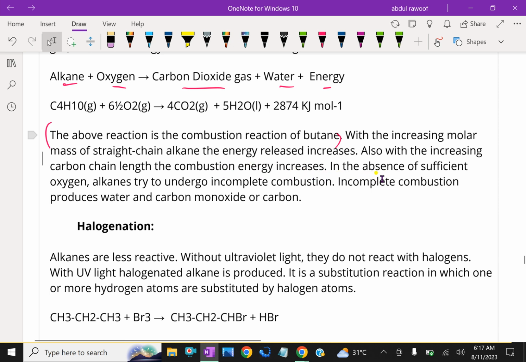In the absence of sufficient oxygen, alkanes undergo incomplete combustion, which produces water and carbon monoxide or carbon. So complete combustion of alkanes is better because carbon monoxide is toxic.